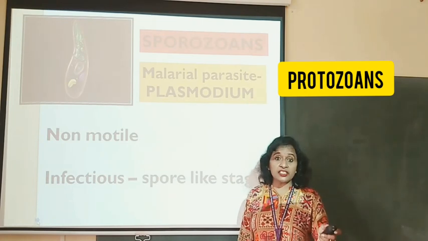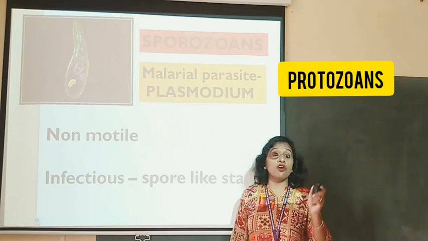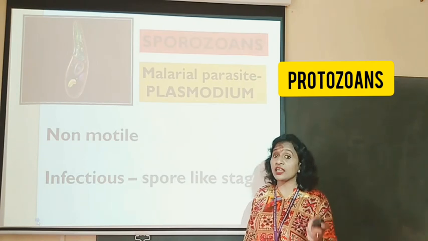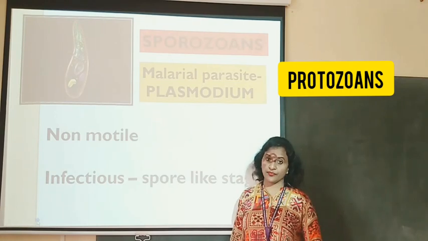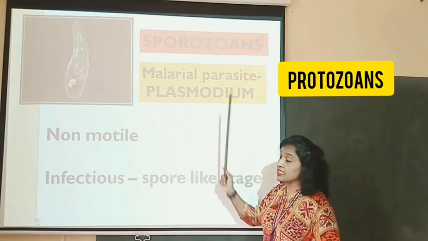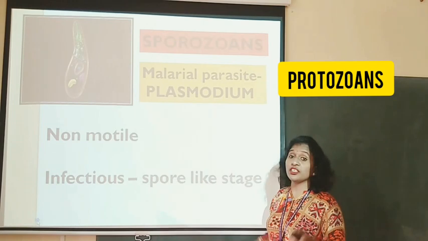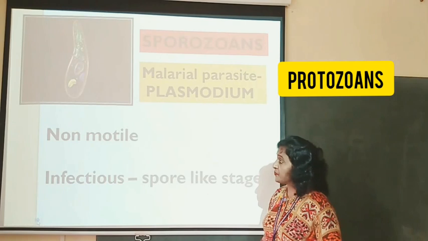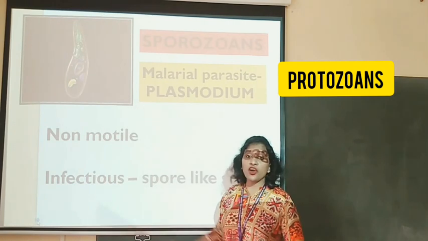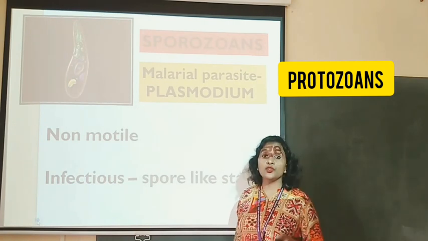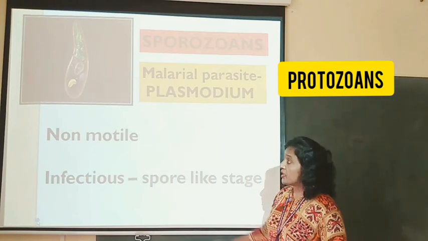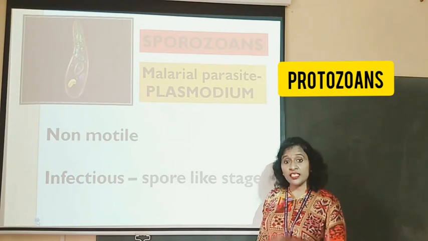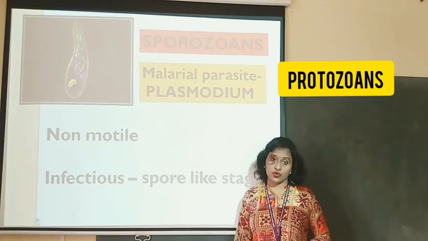There, the condition by which the growth of slime mold takes place is called Plasmodium, which occurs during favorable conditions, whereas Plasmodium vivax is the malarial parasite. These organisms do not have flagella, so therefore they are non-motile. The infectious part of these organisms in their life cycle is the spores.